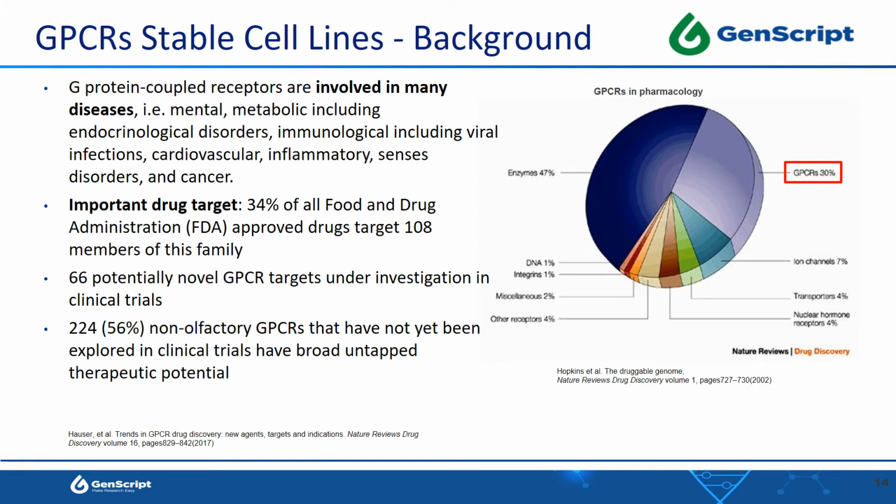GPCRs are involved in many diseases, including mental, metabolic, immunological, for example viral infection, cardiovascular, inflammatory, sensory disorders, as well as cancer.